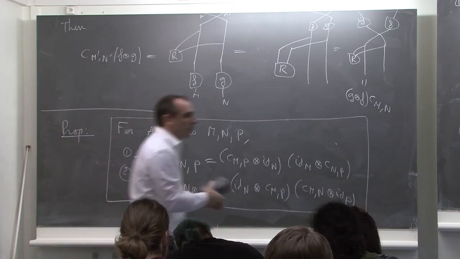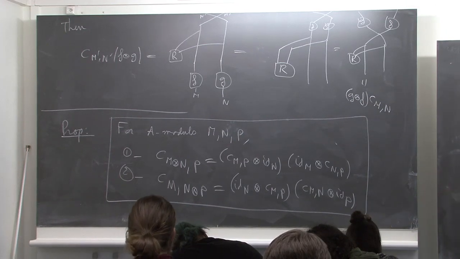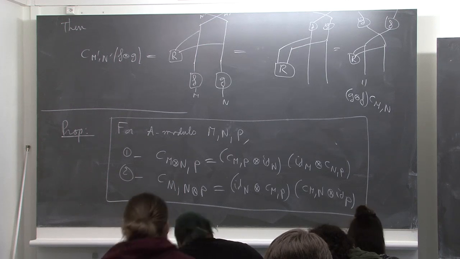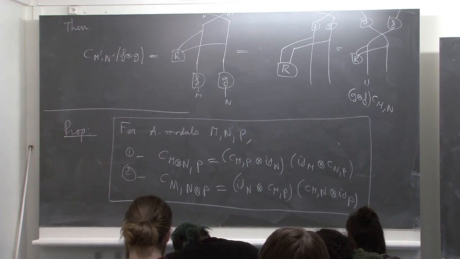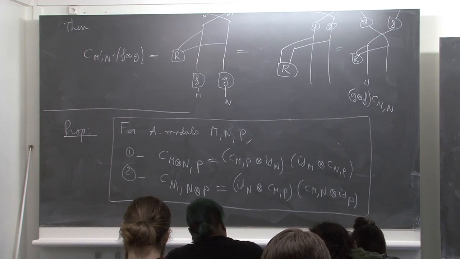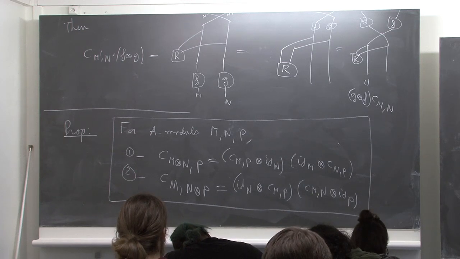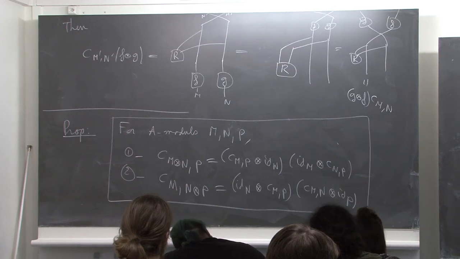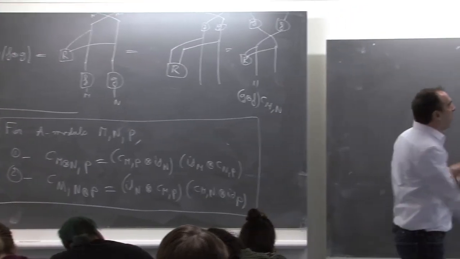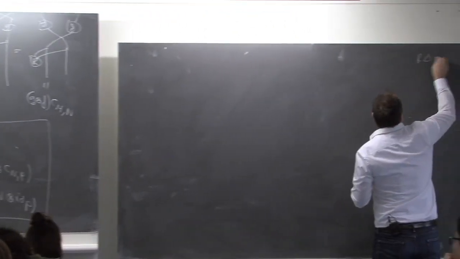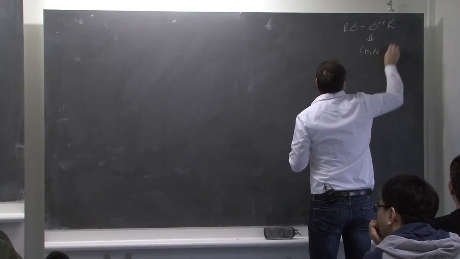So let us quickly check this property, and we will see that we use all the axioms of an R matrix. For the A-linearity of the braiding C_{M,N}, we use that R is Delta-compatible, so C_{M,N} is A-linear.